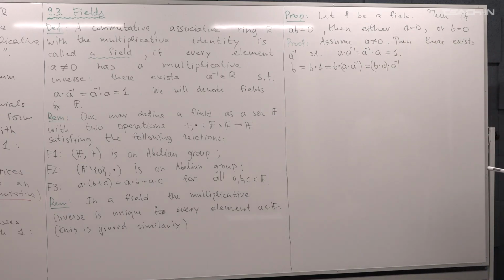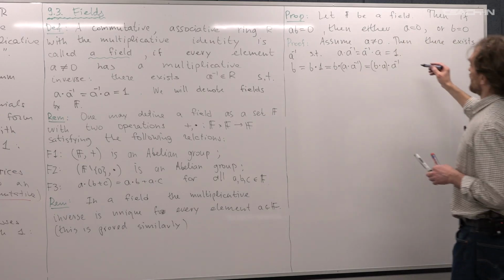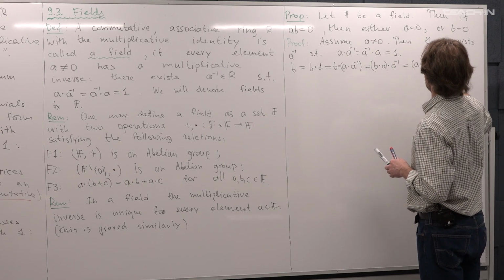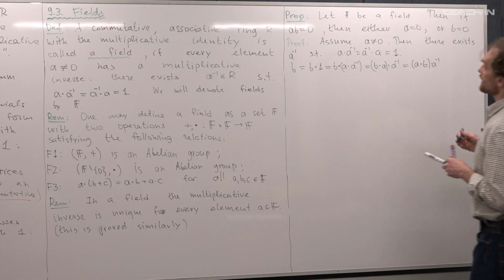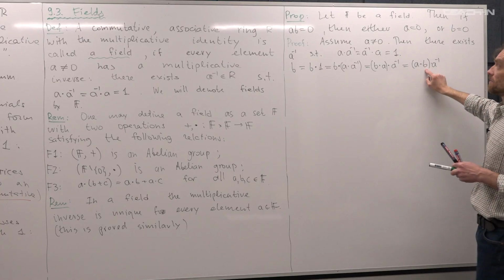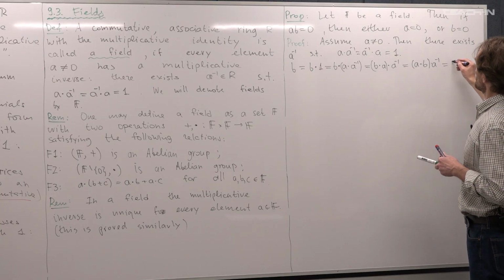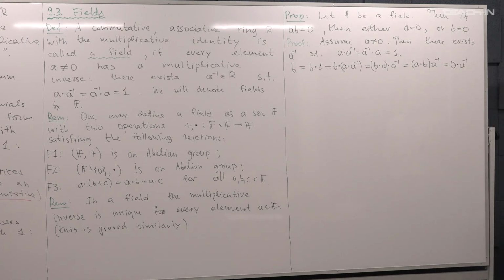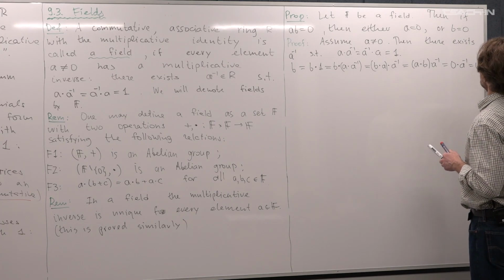Here I'm using the associativity property, and now I'm going to use the commutativity property: a multiplied by b by a to the minus 1. We know that a multiplied by b is 0, so we get 0 multiplied by a to the minus 1, and according to one of the properties of a ring, this is 0.